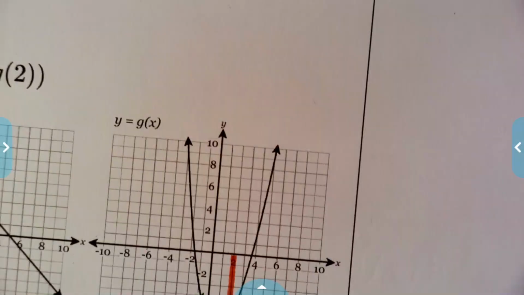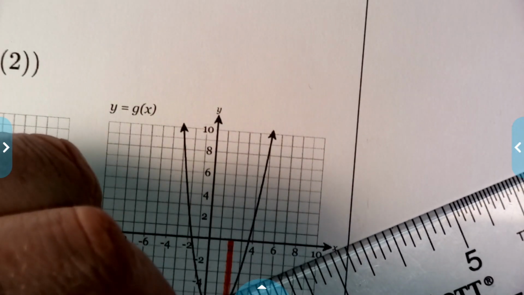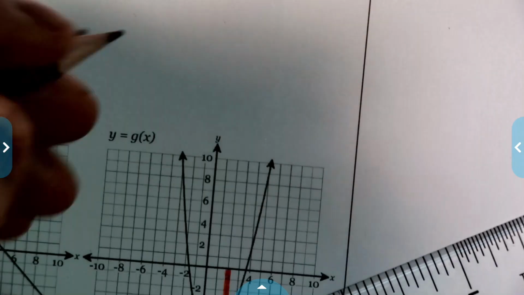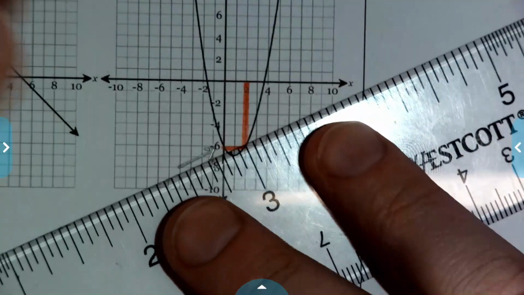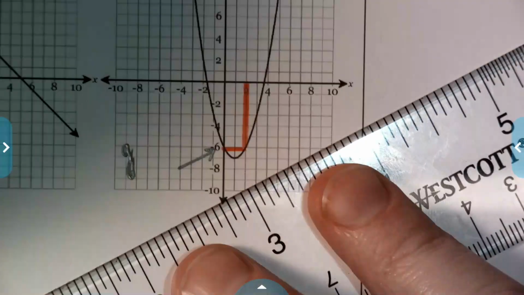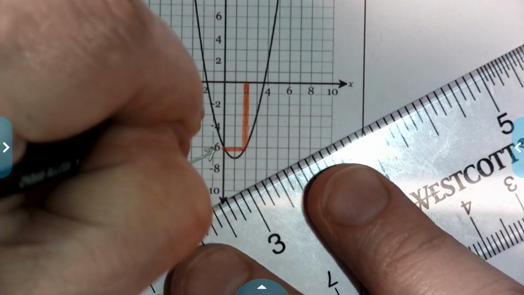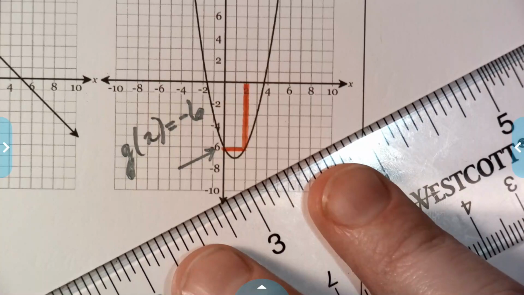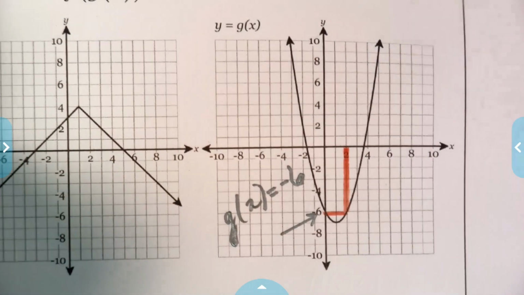Okay, and I see -6. So I can say g of 2 equals -6. Okay?